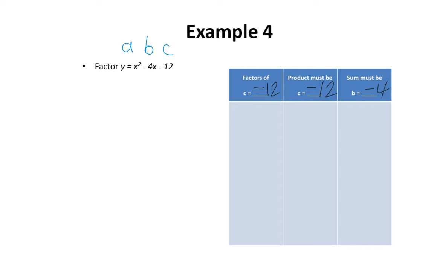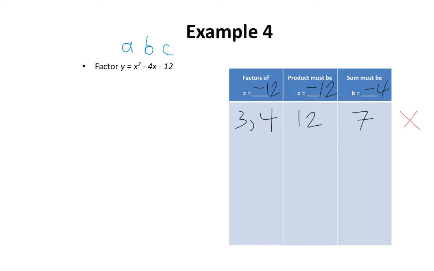So let's think of two factors of negative 12, okay? You might think of, I don't know, 3 and 4. Well, 3 times 4 is positive 12, and 3 plus 4 is 7. So clearly that does not work.